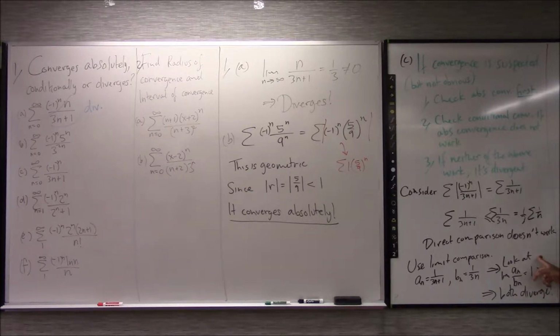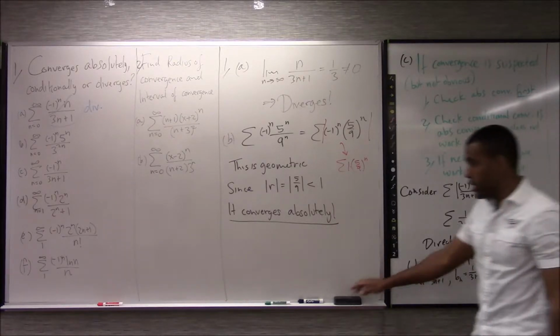Divide this by that, take the limit, and you'll get 1, which is greater than 0. Once you get a constant greater than 0, it means both series will do the same thing. Since I know this diverges because it's harmonic, this will have to diverge as well. So we don't have absolute convergence, and now we check conditional.